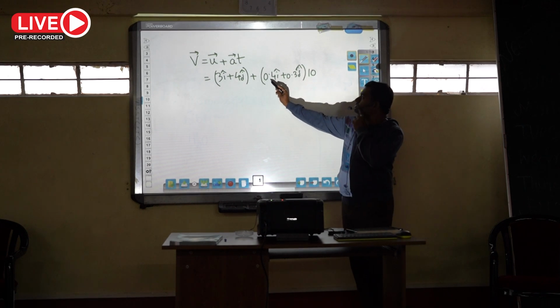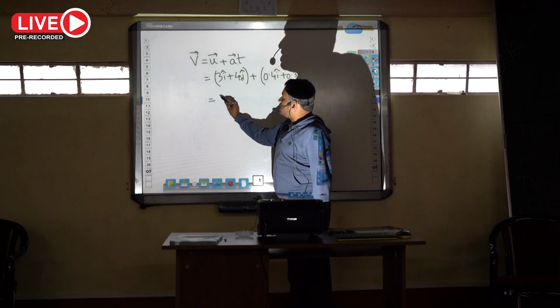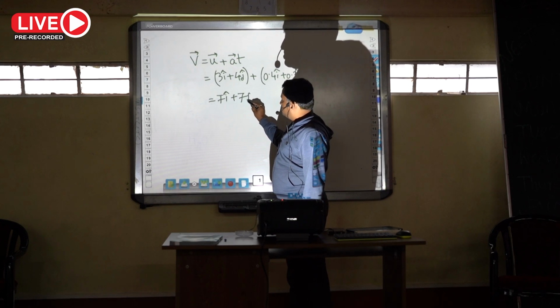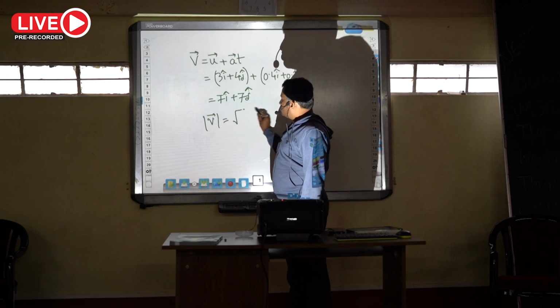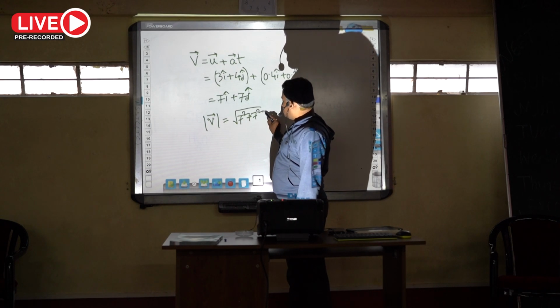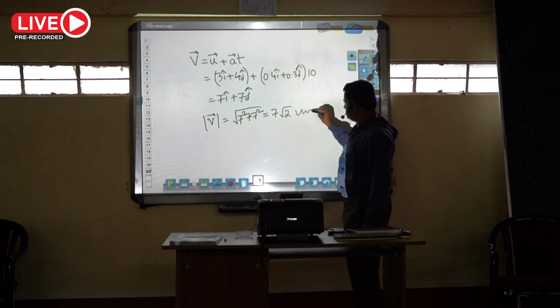So if you multiply by 10, this will be 4 i cap plus 3 j cap. So it will be 7 i cap plus 7 j cap. So the magnitude of V is the speed, that is root over of 7 square plus 7 square, 7 root 2 unit.